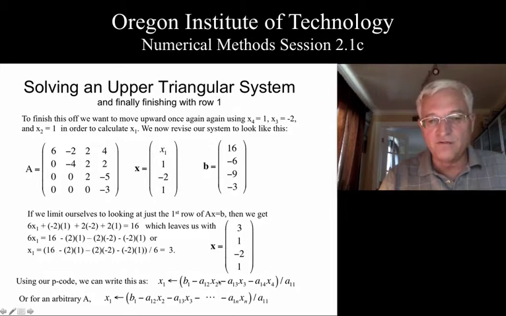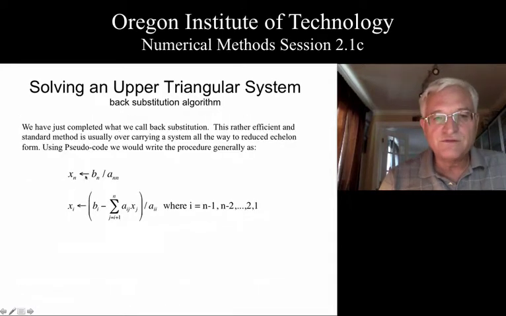Here is the formula for the 4x4 system, and here's how you would generalize that to an n by n system. This was our first step. We take the last outcome variable, the last b, and divide it by the lower right-hand corner of our triangularized matrix. That gives us the last solution. And then we have to do a for loop. The for loop is kind of implied by this where statement.